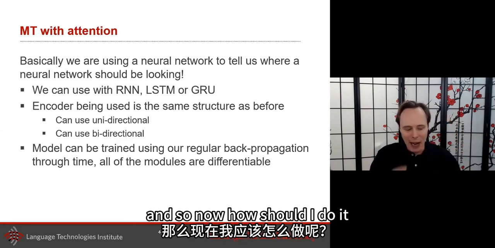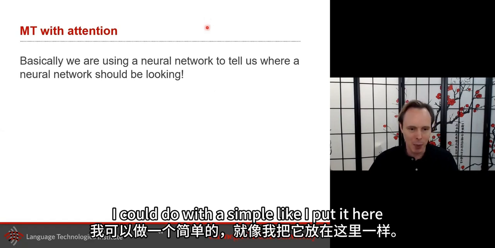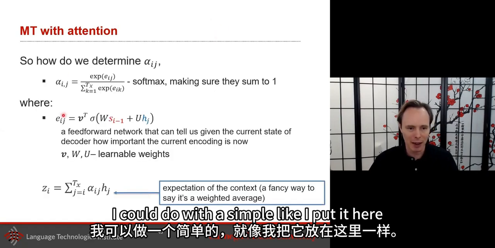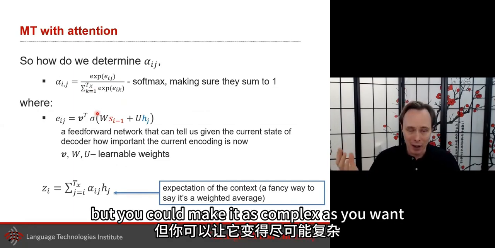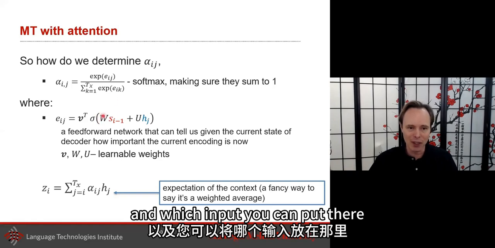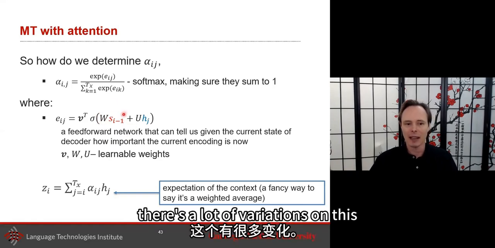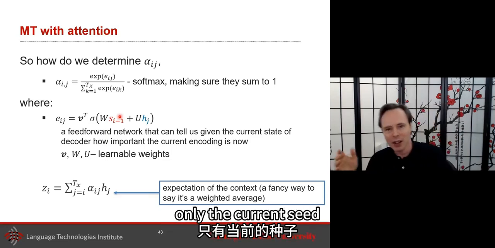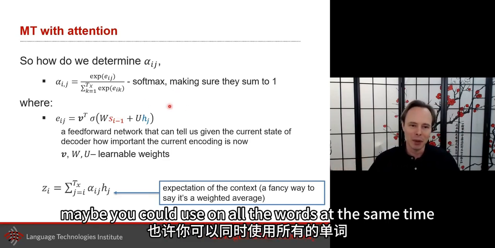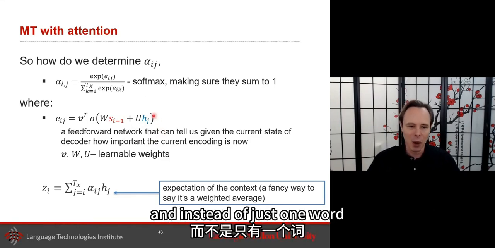And so now, how should I do it? I could do it with a simple, like I said, I put it here, a multi-layer perceptron, but you could make it as complex as you want. And which input you put there, there are a lot of variations on this. Maybe you could use all the seeds, or only the current seed. Maybe you could use all the words at the same time, instead of just one word.